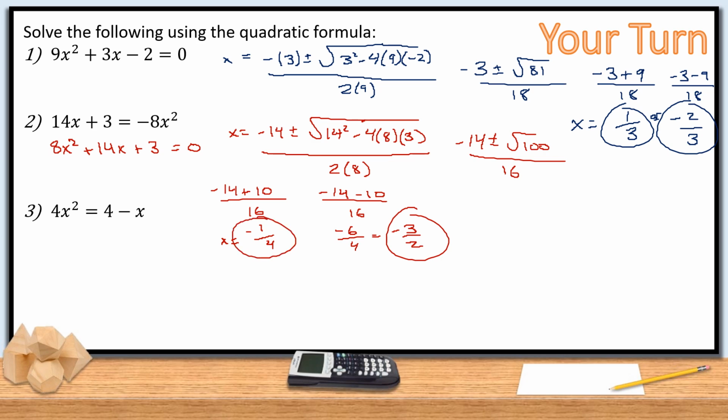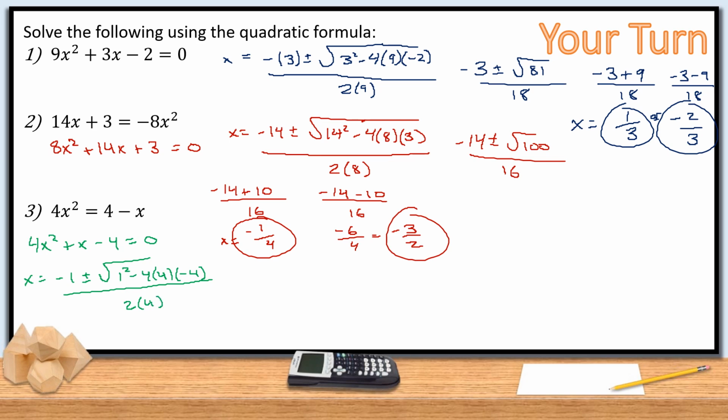All right, last one. It's going to get a little bit messy, but we'll try and make do. 4x squared, add x to both sides, subtract 4 from both sides, we get 0. All right, so x is equal to, b value is 1, so minus 1 plus or minus square root 1 squared minus 4 times minus 4 all over 2 times 4.